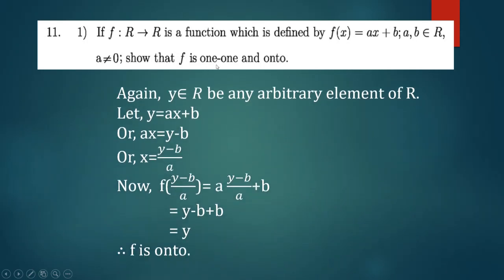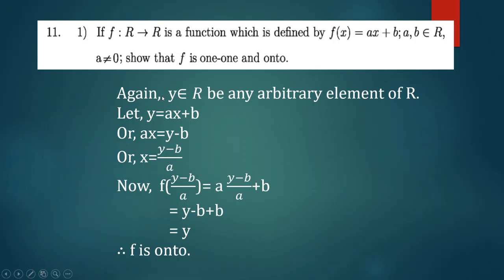Now to prove f is onto, let y be any arbitrary element of codomain. Here R is not domain, here R is codomain. We know from the definition of onto function, every element of codomain is associated with at least one element of domain.